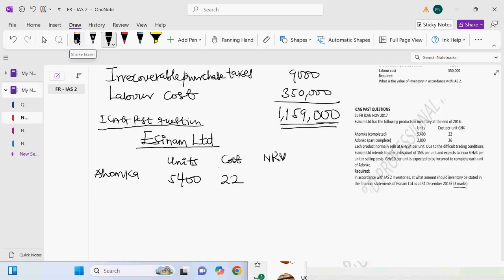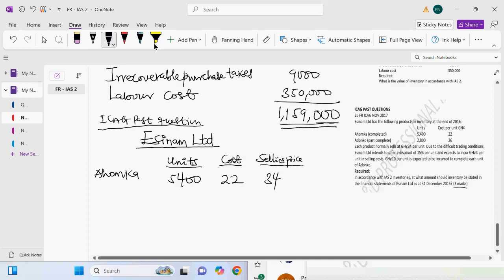Okay, if that is the case, let us look for the selling price. What is the selling price? Each product normally sells at 34 cedi per unit each. So that means 34 for each of them, right?